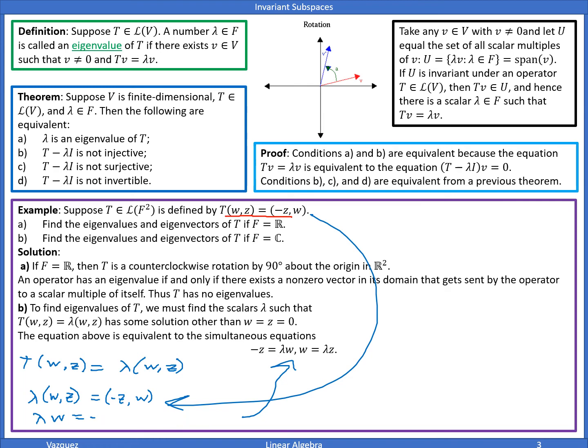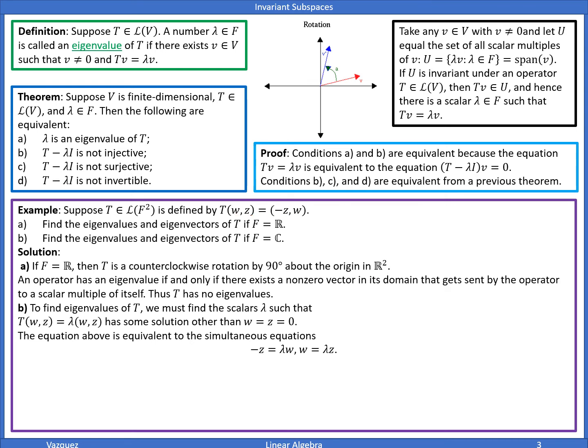So I'm going to erase this. Well, if we substitute the value for w, we're just going to plug this w into the second equation, and we get this equation now: negative z is equal to lambda squared times z.